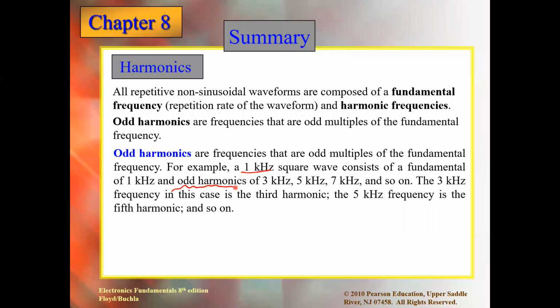So 1 kilohertz is there already. So its odd harmonics will be 3 kilohertz, 5 kilohertz, 7 kilohertz, and so on. So the 3 kilohertz frequency in this case is the third harmonic, and the 5 kilohertz frequency is the fifth harmonic, and so on.